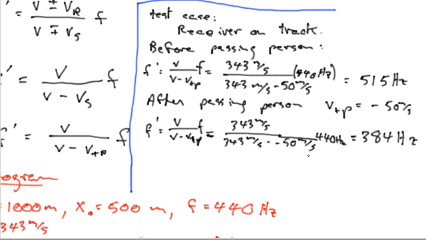So for that case, the graph would just look like this would be frequency versus time, and the graph would be up here at 515 from time 0 up to time delta t, and then that'd be 515 hertz.